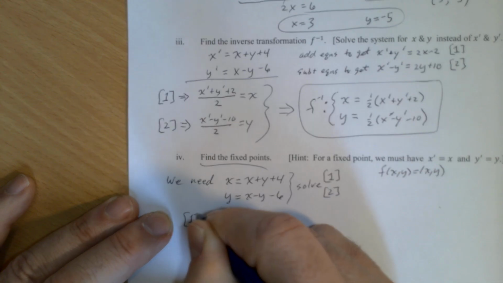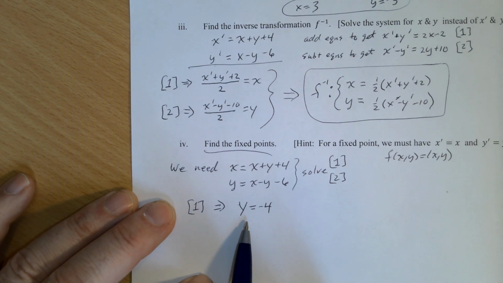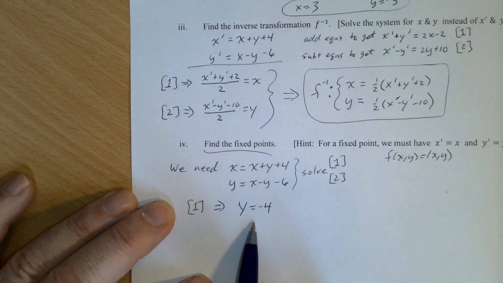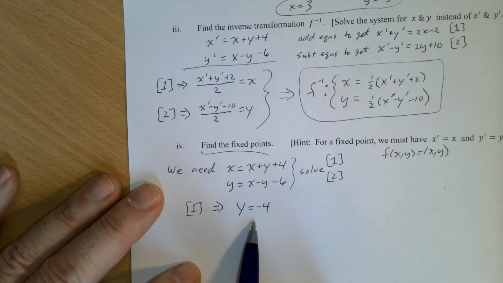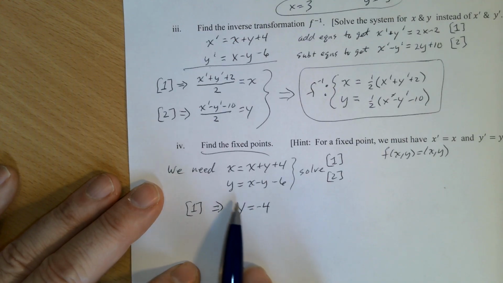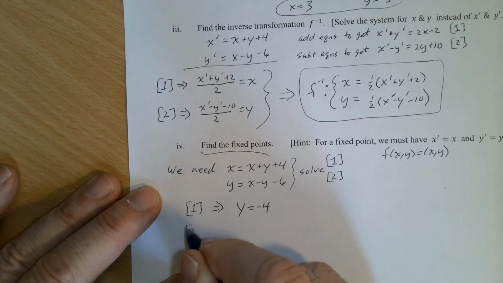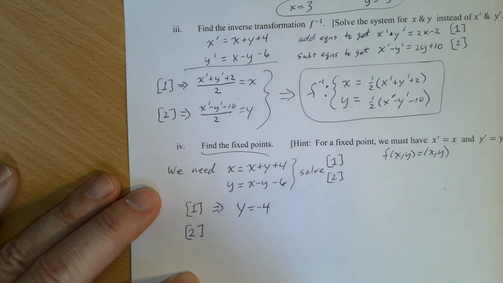So equation 1 tells us that y is equal to negative 4. So we're halfway done. Now I need to solve for x. And I guess we'll simplify here again. What do we get from equation number 2?